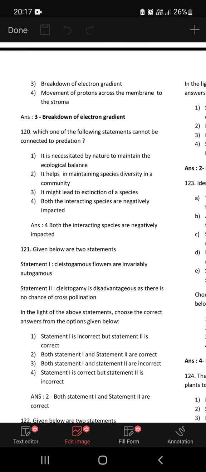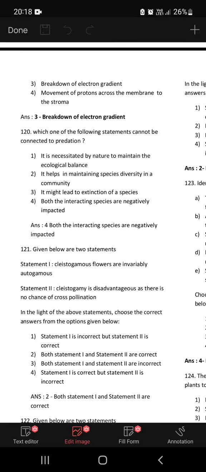Here, you have to find out the incorrect statement for predation. It is necessitated by nature to maintain the ecological balance. That is a correct statement. It helps in maintaining species diversity in a community, especially the Pisaster example you might have studied. Removal of Pisaster starfish resulted in disappearance of 10 invertebrates.